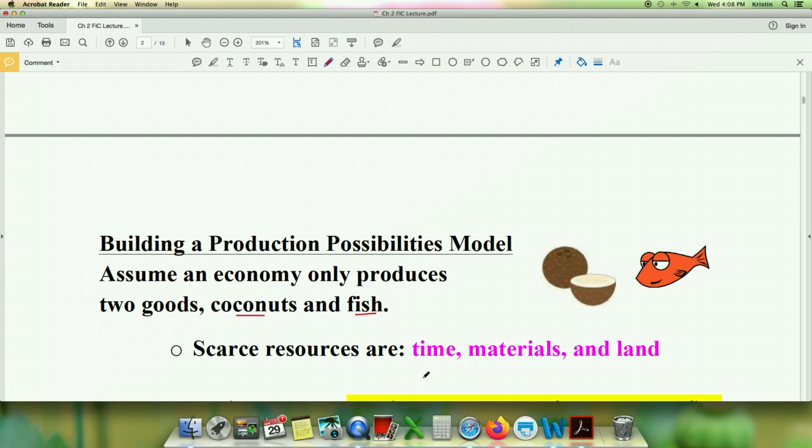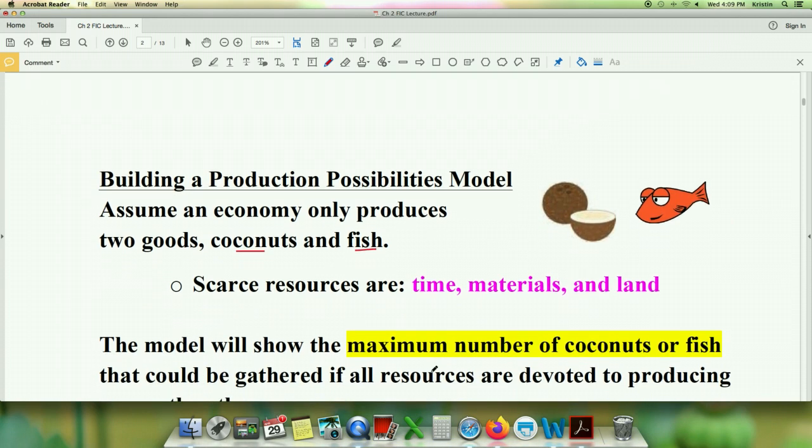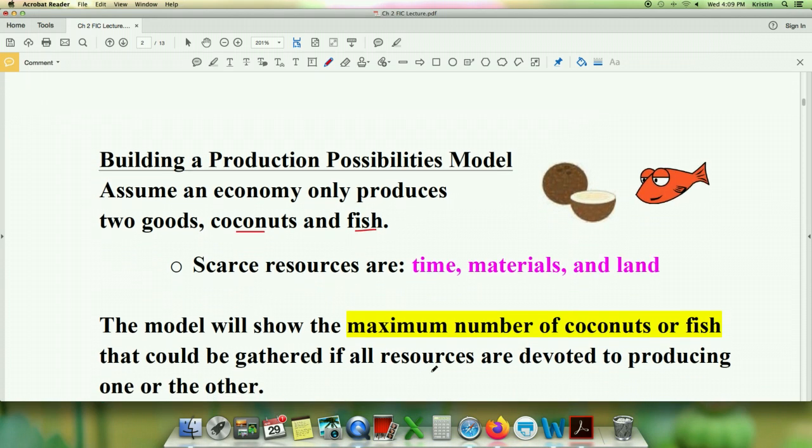If they use all the resources, for example, just to catch fish, it'll show the maximum number of fish they could catch. Or using the same resources, if they use all of the resources to only pick coconuts, the graph will show the maximum number of coconuts that they could pick. So the model will show the maximum number of coconuts or fish.